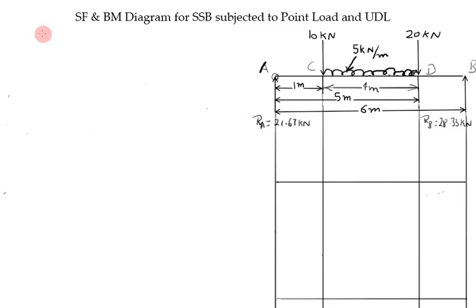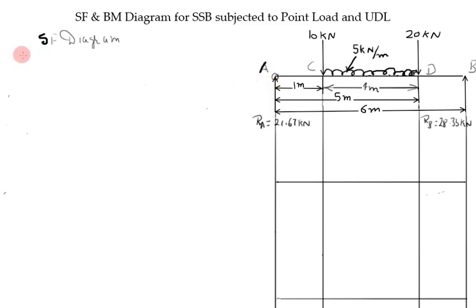So first one is shear force diagram. In left and right hand method, we have to take each point 2 times by taking just left and just right and sum up all leftward forces.